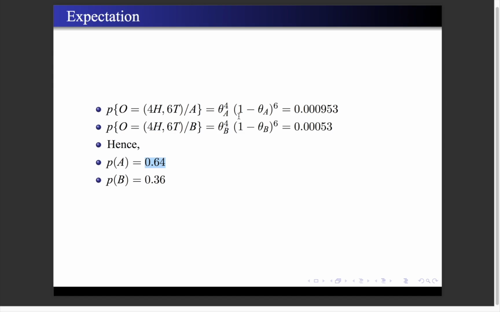While on the other hand, theta B was 0.6, which would have been close if the outcome was like 6 heads out of 10. So the outcome was kind of shouting at us, I come from coin A. And that's why the probability of this outcome coming from A is higher than the probability of using coin B.